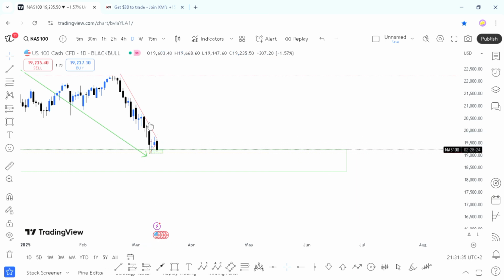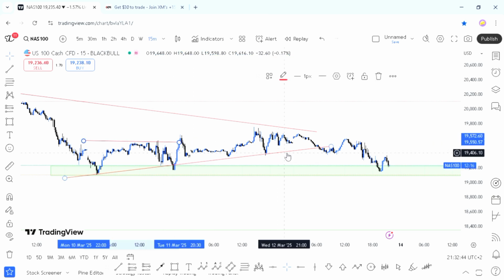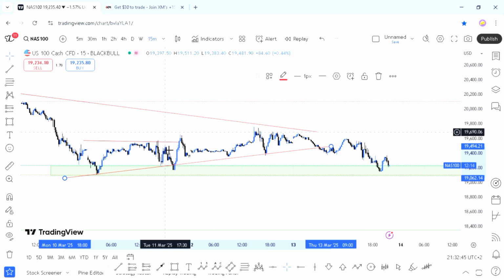So when we move lower, trying to get opportunities on this pullback on our daily time frame, all we have to do is move to our medium time frame and go to our lower time frame. Wait for the market to give us those break of structure and change of character, right?